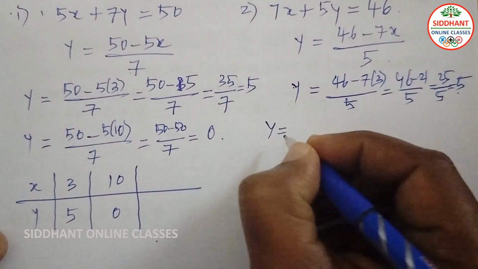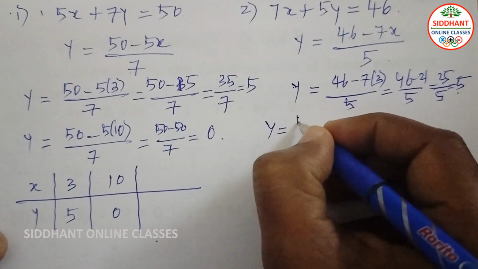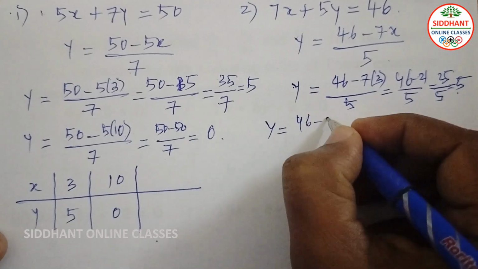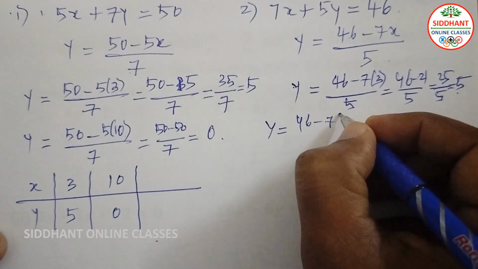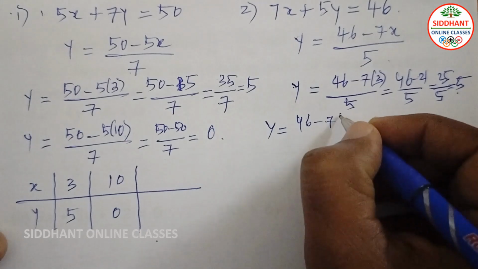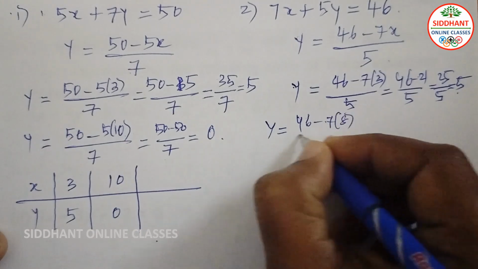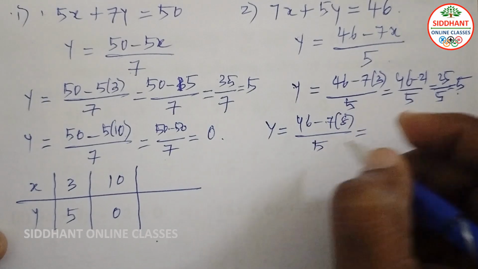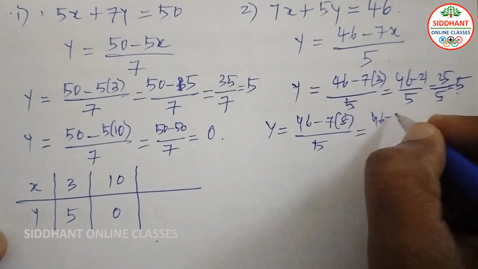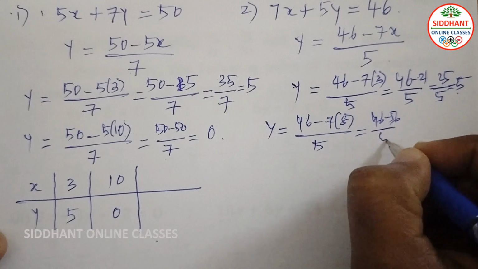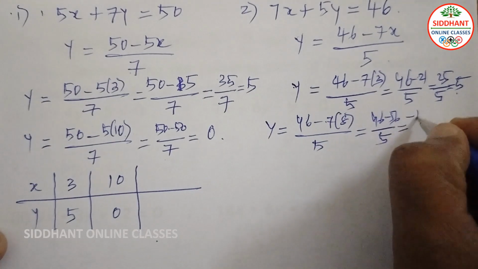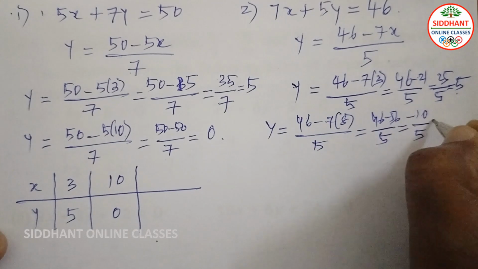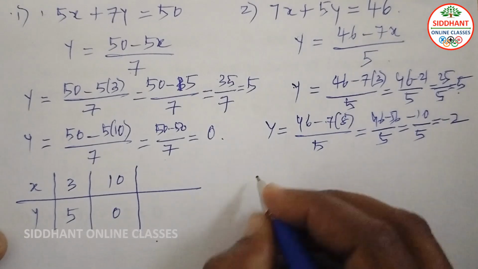Next, 46 minus 7. If x is 8, then 46 minus 56 by 5, that means minus 10 by 5, which equals minus 2.